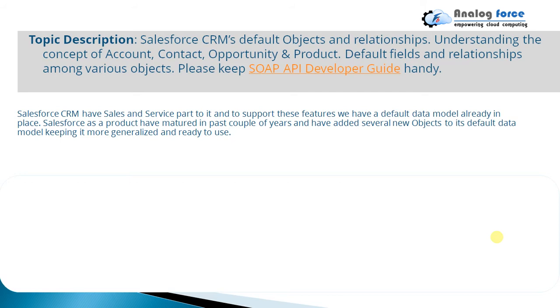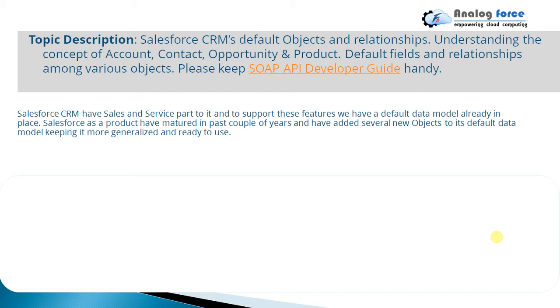Let me begin with the Salesforce CRM data model. Salesforce CRM's default objects and relationships are pretty much useful. We also have Salesforce as sales and service parts, and both of them correlate with each other with some common objects and fields.